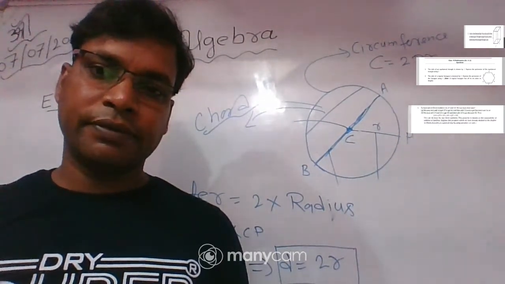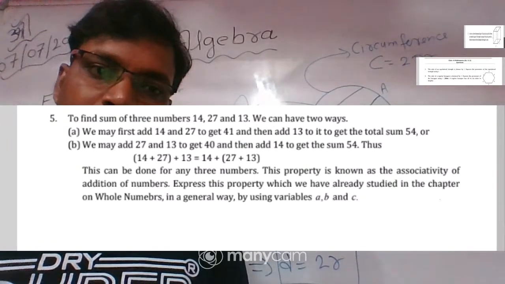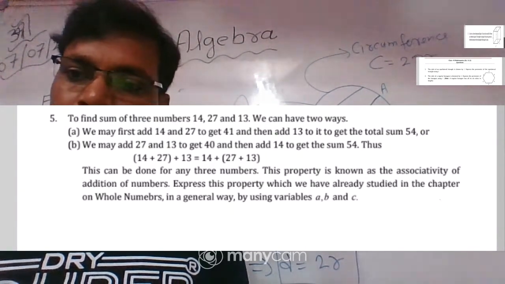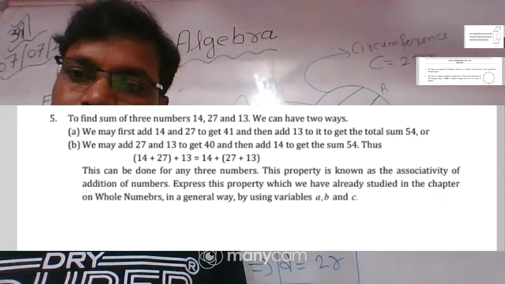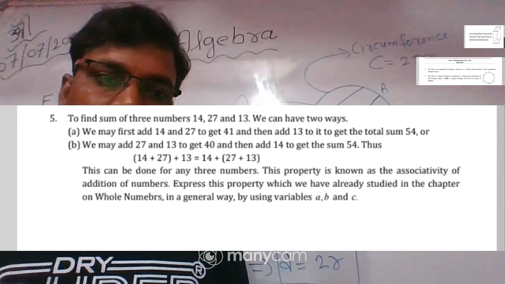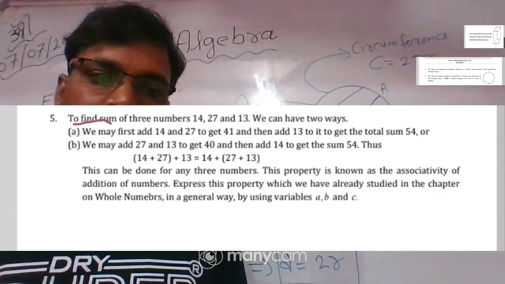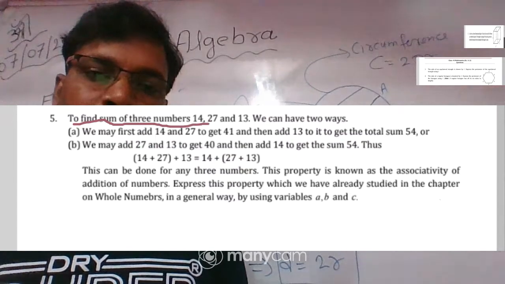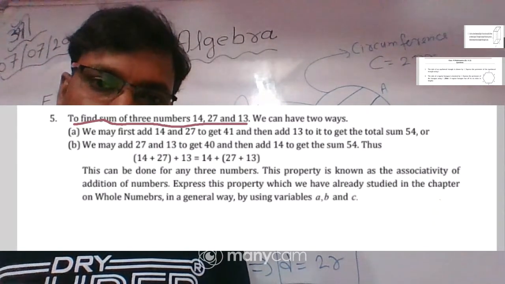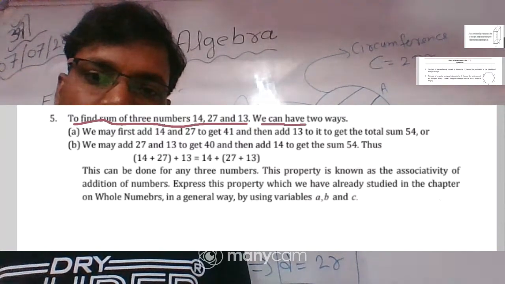question number 5. To find the sum of three numbers 14, 27, 13, we can have two ways.